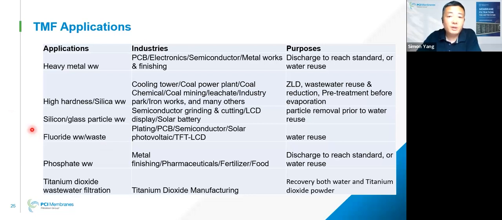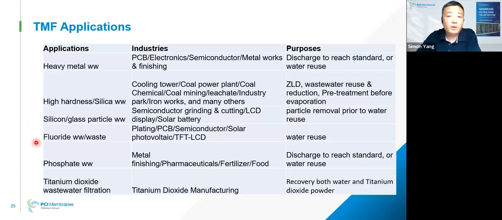And next one is silicon particles. Silicon particle-containing wastewater from semiconductor, especially from backgrinding and die-saw or cutting processes, where there is high-grade DI water or UPW containing only silicon particles. So mostly this water is treated for reuse.